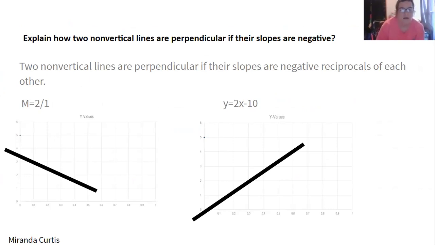And if we look at our other one, which is y equals 2x minus 10, which was negative, then we're going to see that it's going to go to our right. And any vertical line is perpendicular to any horizontal line, which causes us, we should find the slope of that perpendicular line within both of our equations that Elizabeth and Molly and Allison have discussed in this question. Okay, good job, thank you.